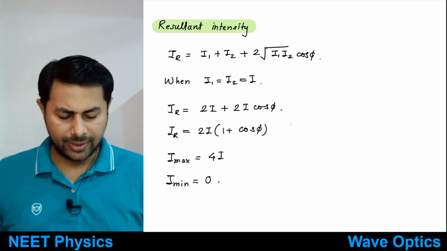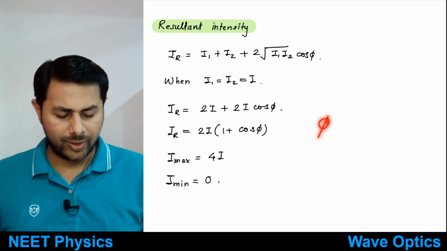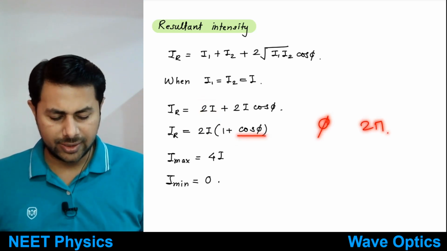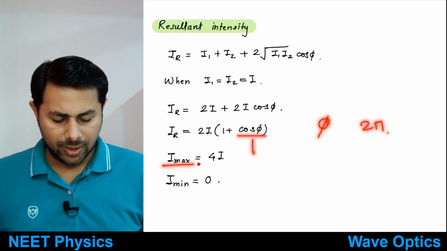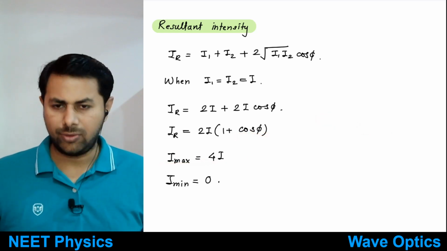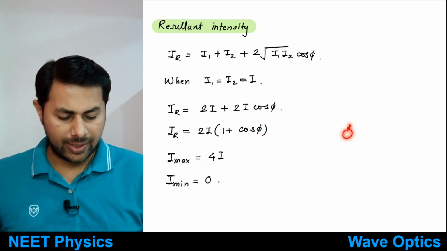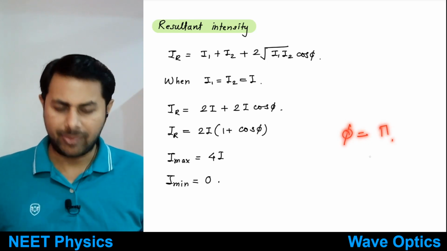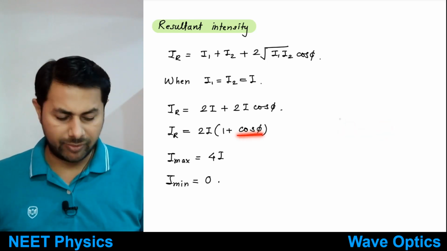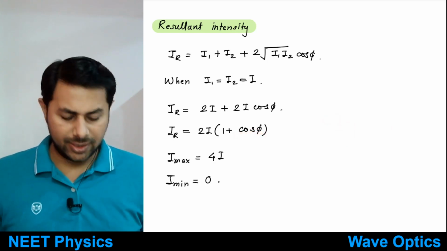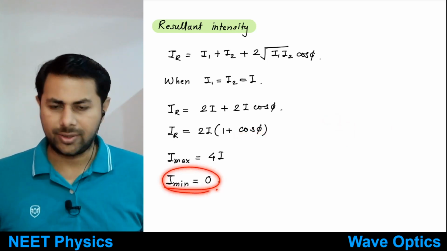Okay, and if phi is equal to what? 2 pi, then this is 1. So the resultant intensity is 4I, and if phi is equal to pi, 3 pi, 5 pi, then cos phi will be minus 1, and resultant intensity would be equal to what? 0.